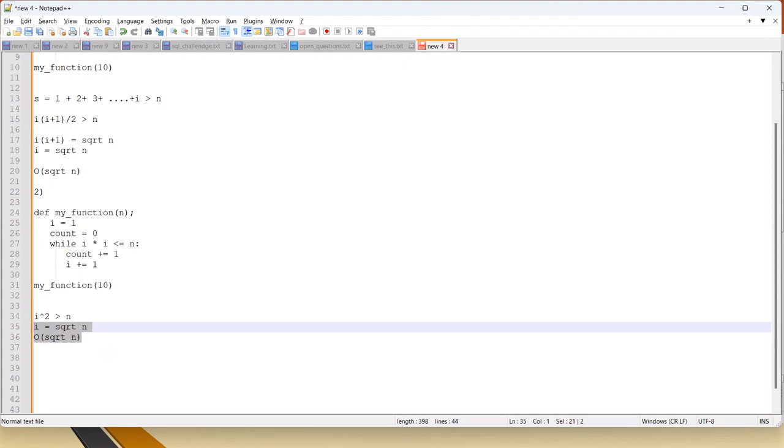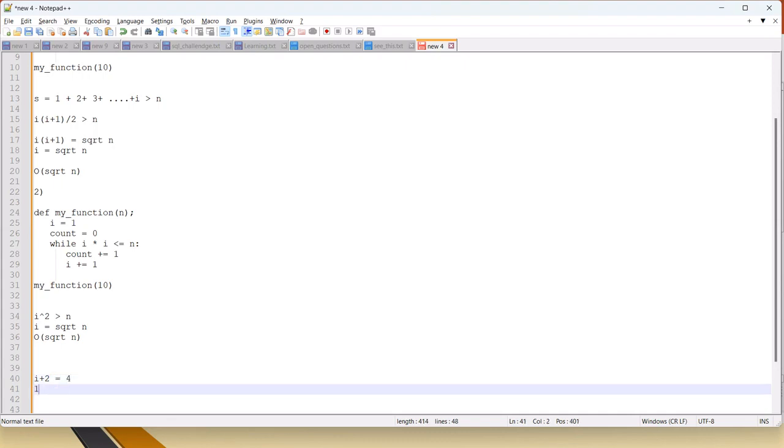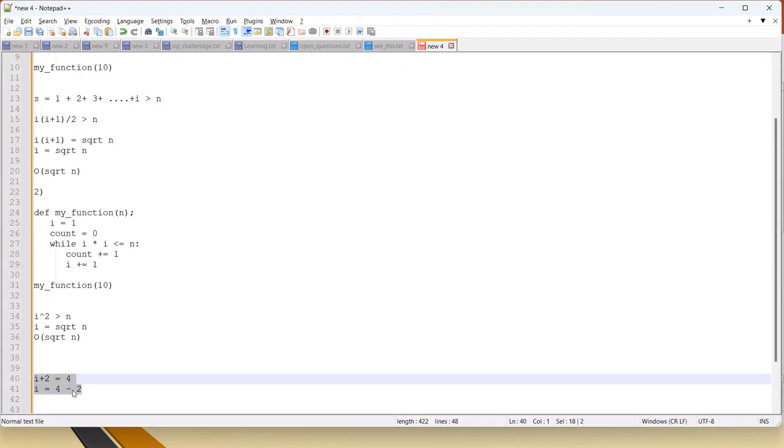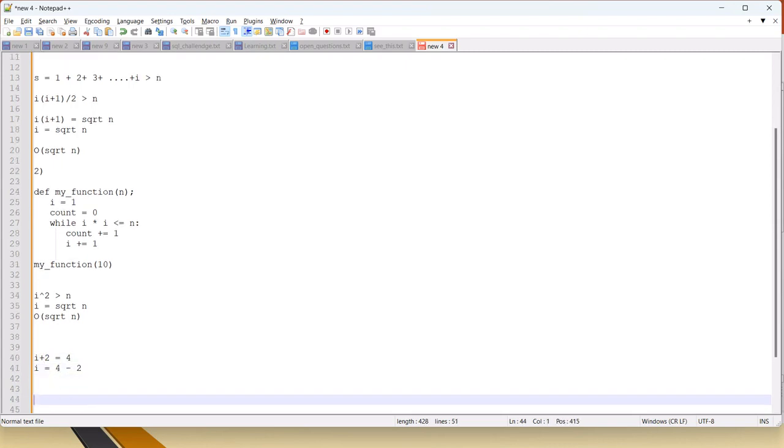Is this clear? Usually you remember in mathematical equations, let's say I plus 2 equals 4, then we say I equals 4 minus 2, correct? This kind of equation you remember. Here if it is plus, after the equal to it becomes minus.